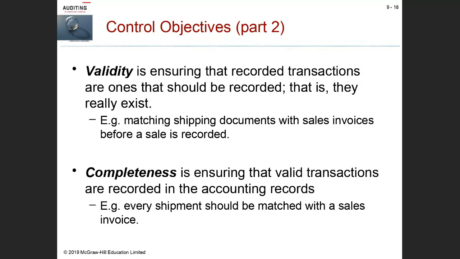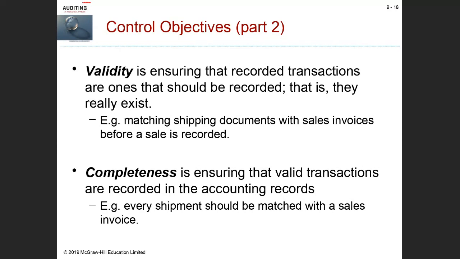So an example of an internal control procedure to ensure validity of sales would be to match shipping documents for goods shipped with sales invoices before a sale is recorded. So that internal control is saying we won't even record a sales invoice unless that invoice has been matched with shipping documents that prove those goods were shipped.